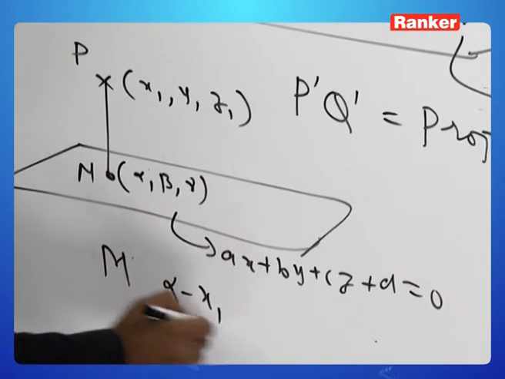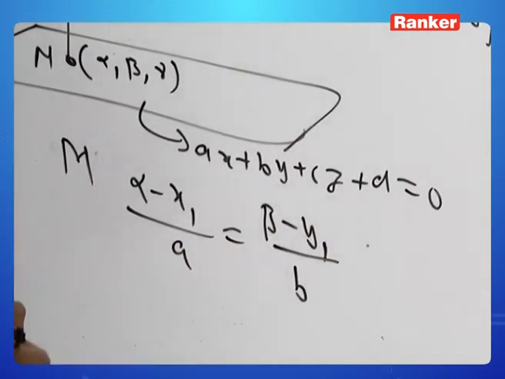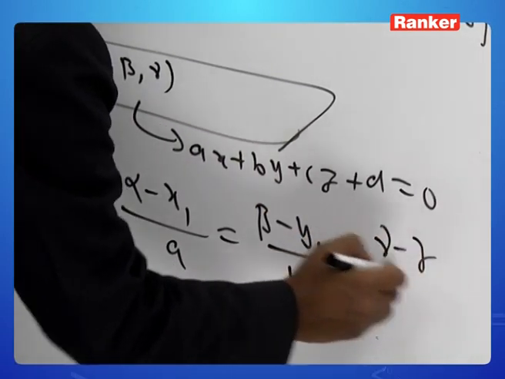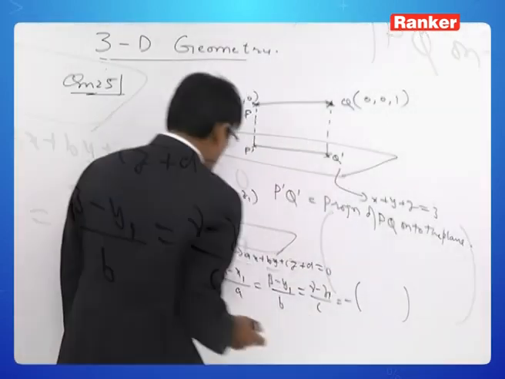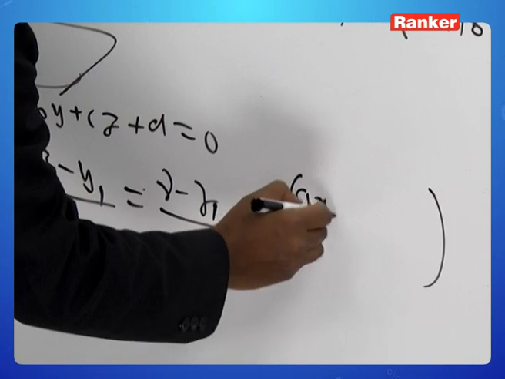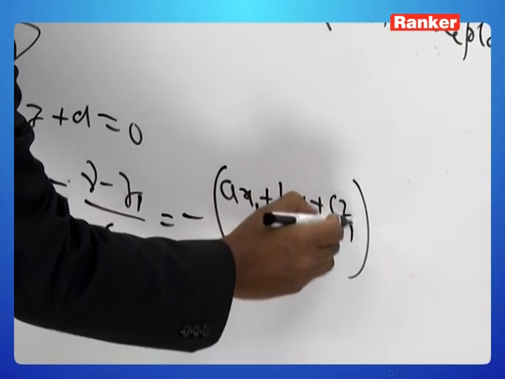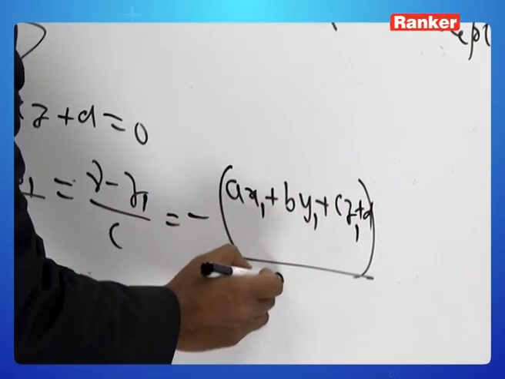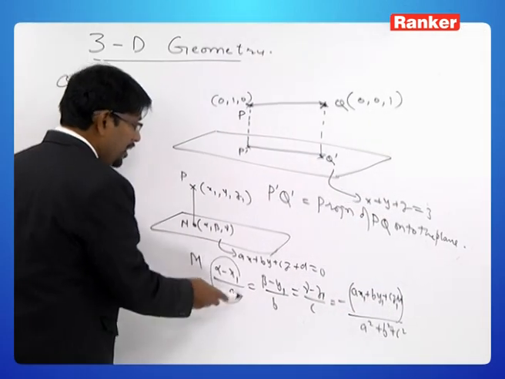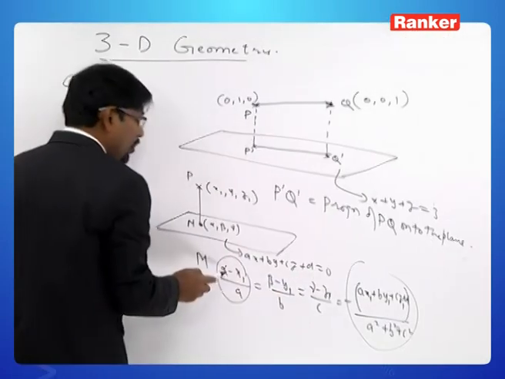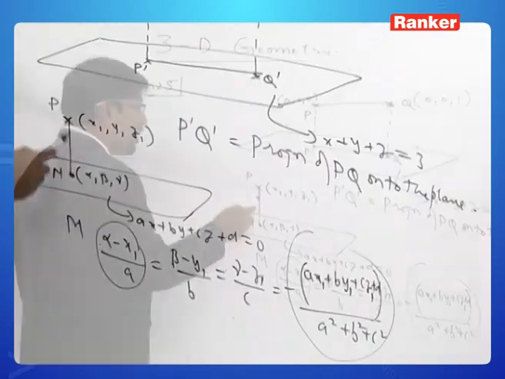Alpha minus x1 by a is equal to beta minus y1 by b is equal to gamma minus z1 by c is equal to minus of, I need to substitute this point here, (ax1 plus by1 plus cz1 plus d) by (a square plus b square plus c square). So equating this alpha minus x1 with this, I will get the value of alpha. Similarly beta, gamma, we can find out the foot of the perpendicular from P onto the plane.